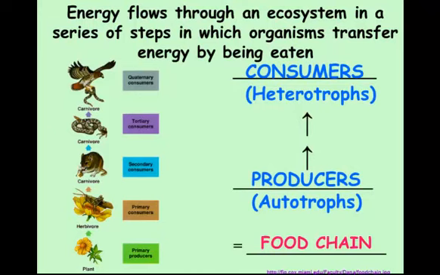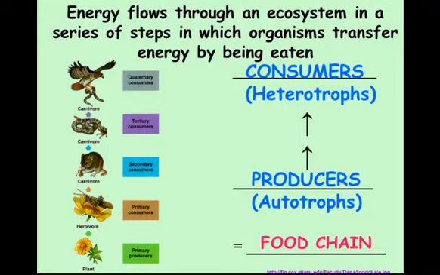And notice we have names for those kinds of organisms in the food chain. Primary producers are always the beginning. Autotrophs, always the beginning of every food chain. They're the ones that are making the food from sunlight. And then the organisms that are herbivores, that eat the plants directly, are called primary consumers. The ones that eat the primary consumers are called secondary consumers.